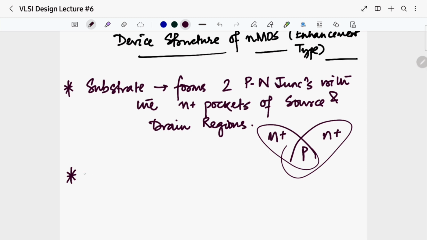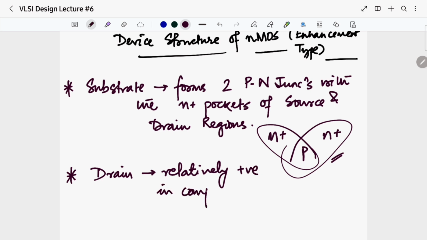It can't vanish. So basically, since we are forming these back to back PN junctions within our substrate itself, what happens is, drain terminal will be relatively positive in comparison to source, because drain is the terminal where we will be applying the voltage.